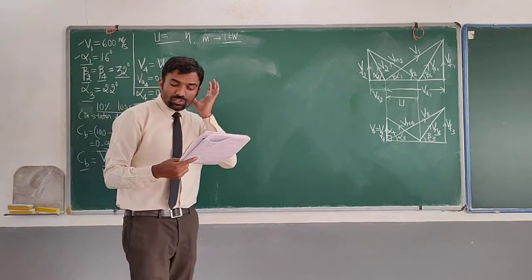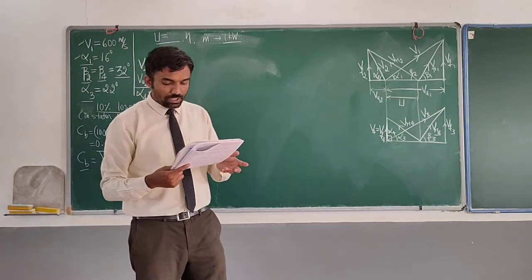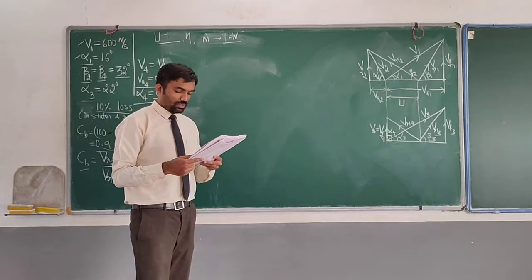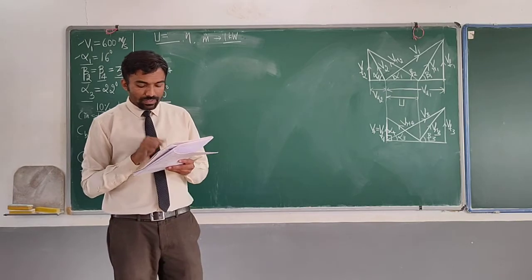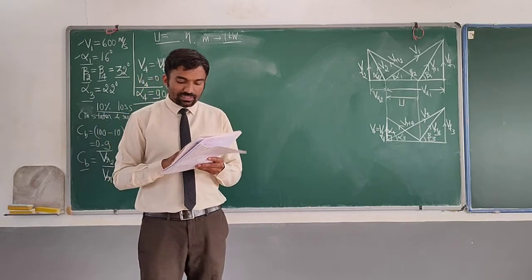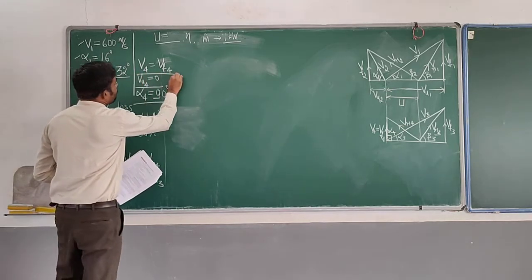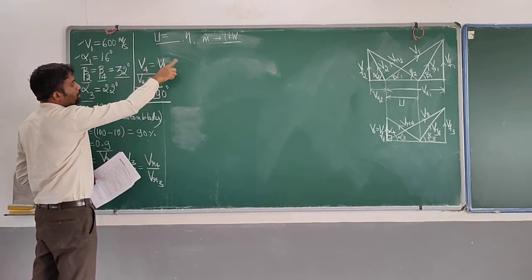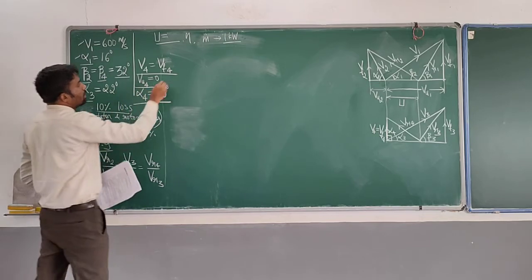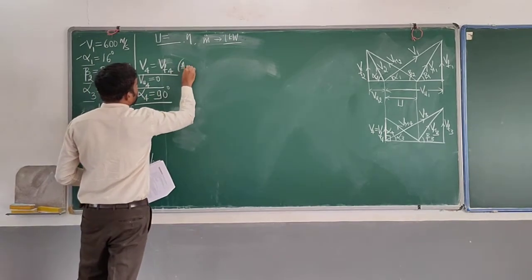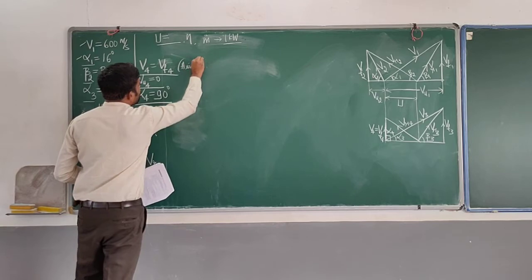As the value of u is not given, it has a particular procedure, and we will follow that procedure. One more important thing here: it is given that steam exits axially. Steam exits axially means V4 is equal to Vf4.